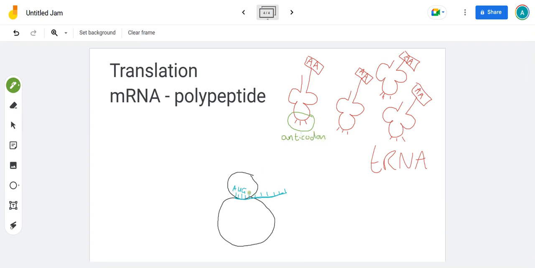And these three bases, or each three bases, so we've got three bases there, three bases there, three bases there, are called the codons. And we need to bind together complementary anticodons and codons. So using complementary base pairing. So A will bind to U because it's not DNA, it's not T. And then C's will always bind to G's. We call that complementary base pairing.